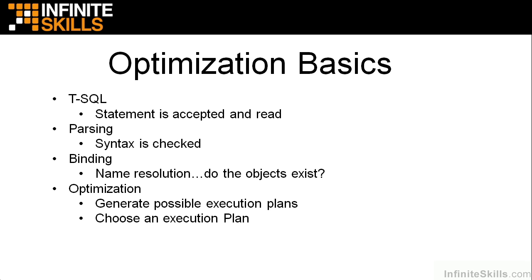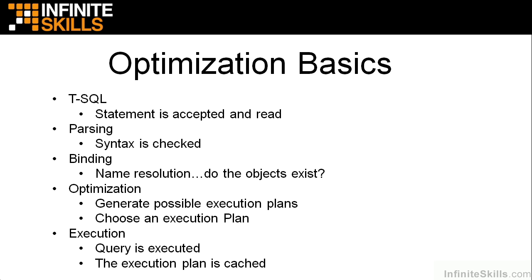It is applying cost to these things, much like when we go to Walmart and decide what we're willing to pay for what we're going to get. And that's exactly what SQL Server is doing with these queries. Then it executes the query, and the execution plan that it decided on is cached. It's put out there in memory so that if this query comes through again, we could run it again.